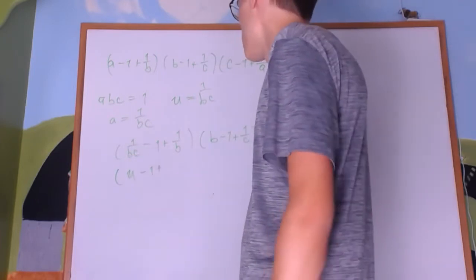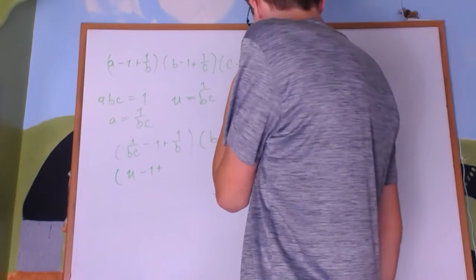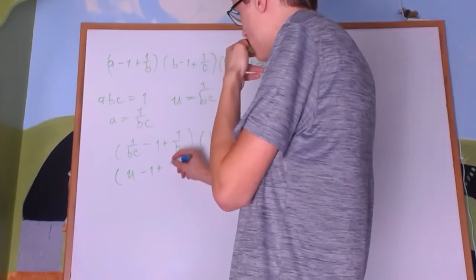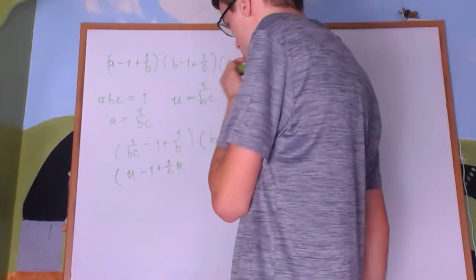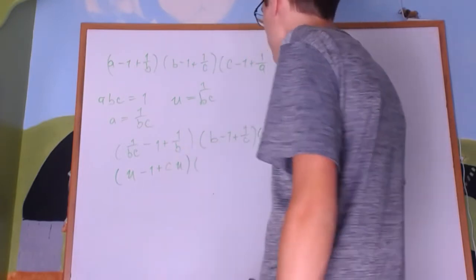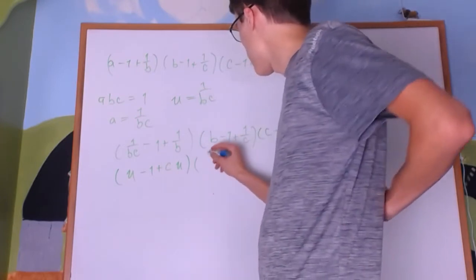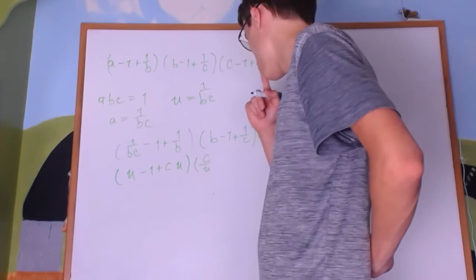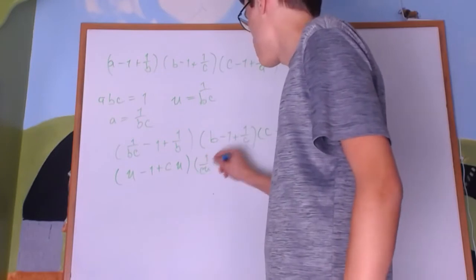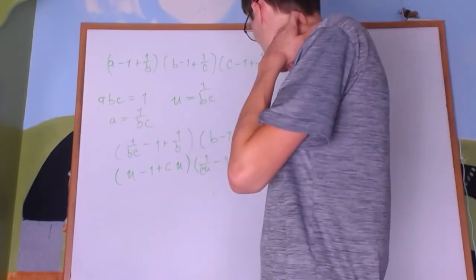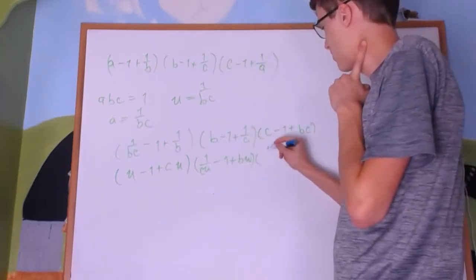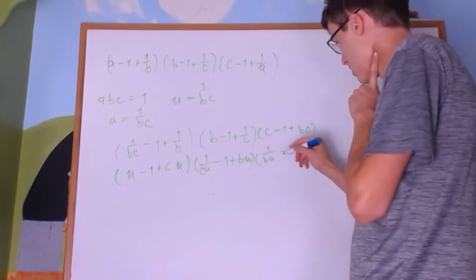Okay, so U minus 1, U minus 1 plus 1 over C U, or C times U. Right there, I do C over U, or 1 over CU minus 1 plus BU, 1 over BU minus 1.